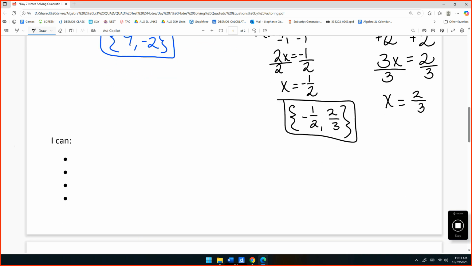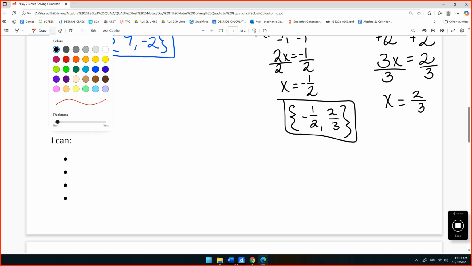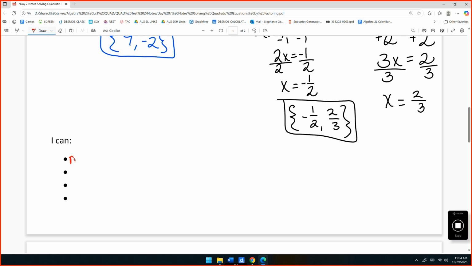So to summarize, what can we do? I want to make sure I get this right. First, make the equation equal 0. That's the first thing we have to do. Then we have to factor.